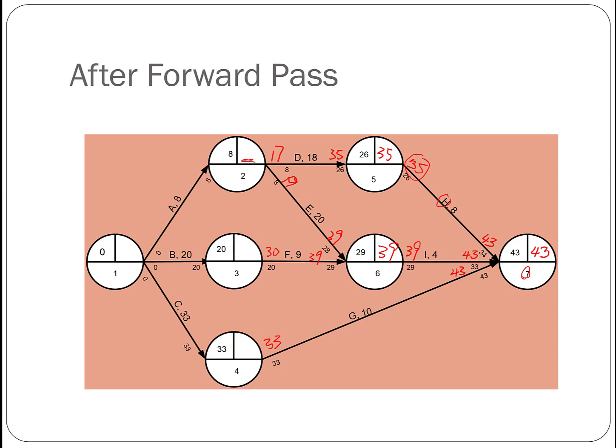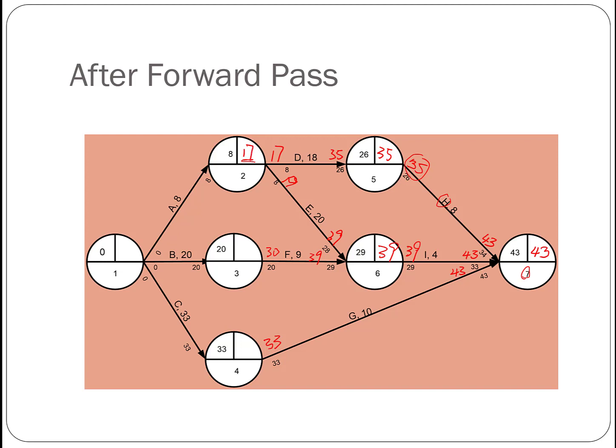So if we start both D and E by the 17th day, they will both be good. We won't delay them. But if we start both activities on day 19, then E will be good, but D will be delayed. So the answer here will be 17.